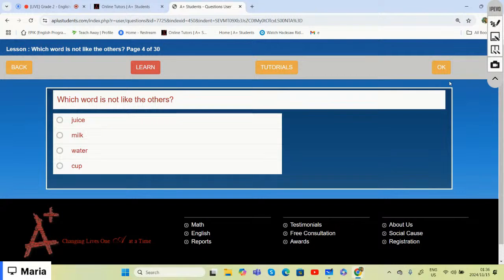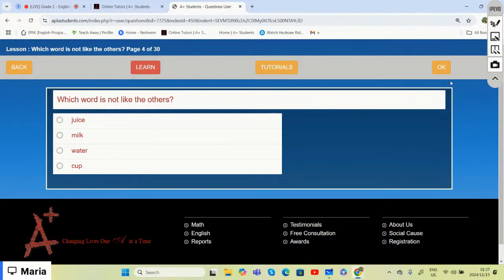Then we need to say which word is not like the others. So we have words like juice and milk and water and cup.